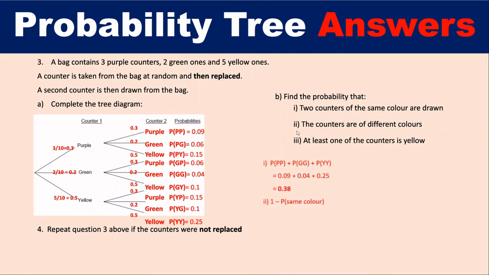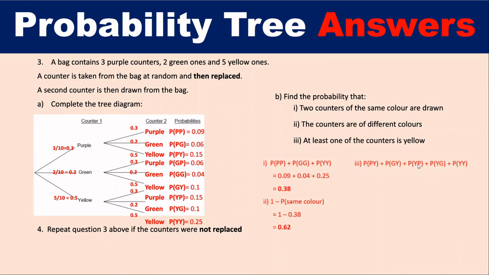For question 2, the probability that the counters are of different colors, well, that's 1 minus the probability that they're the same color, which I've already worked out. 1 minus all the probabilities I'm excluding. My probability is 0.62.